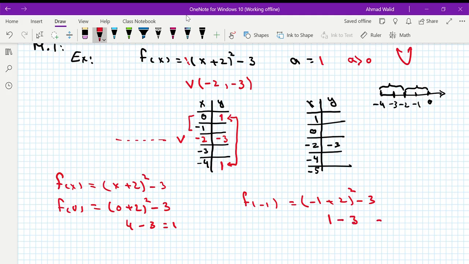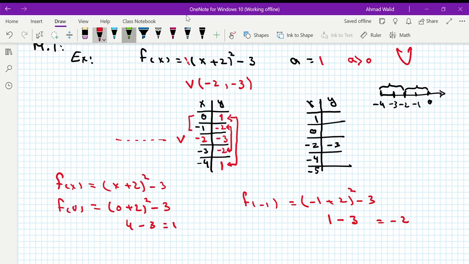Minus 3, which gives you what? -2. If this point is -2, immediately this point is -2. It means these 2 points are symmetric with each other. Around the vertex, any 2 points on 2 sides of the vertex, they are symmetric to each other.